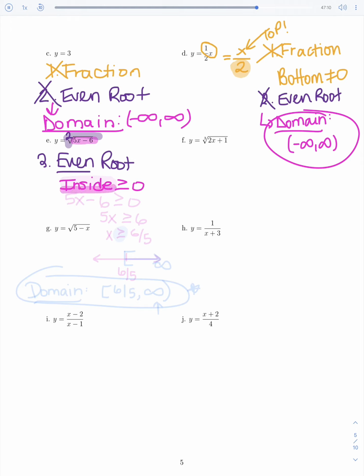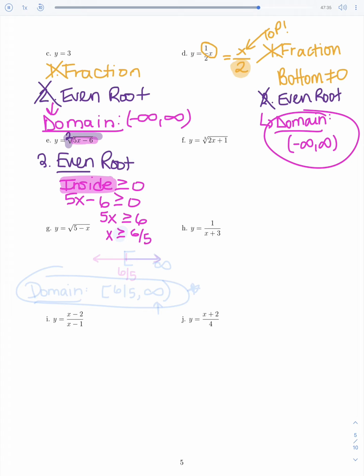Well, what's inside is the 5x minus 6, being greater than or equal to 0. And so to solve that, what we would do is we'd add the 6 to both sides, though that would get us 5x is greater than or equal to 6. Then we'd divide both sides by 5, which would get us that x needs to be greater than or equal to 6/5.